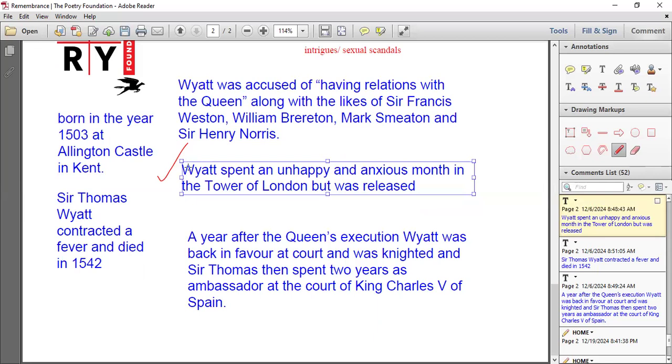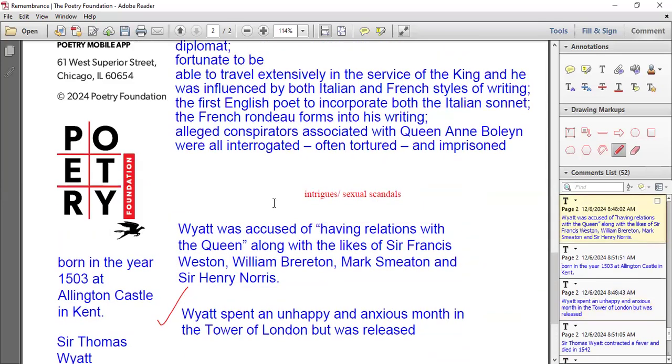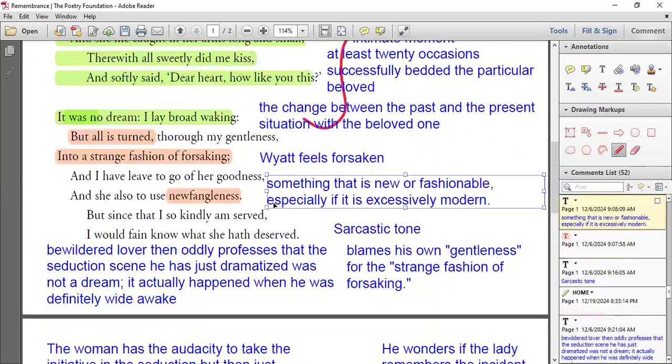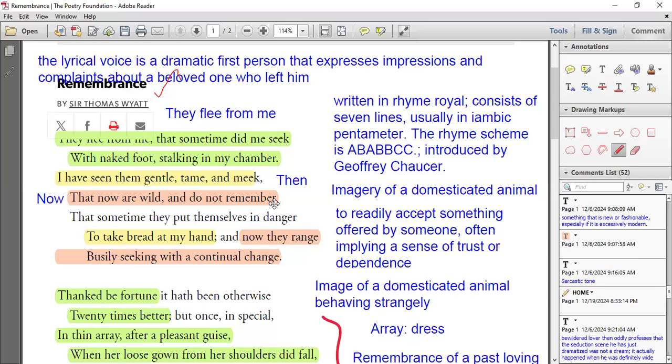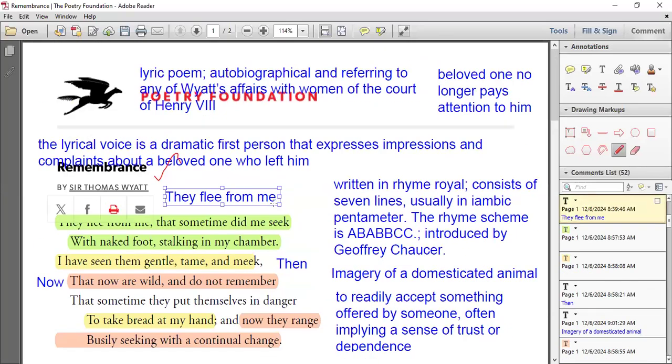And then in the year 1542, he contracted fever and died. So these are the informations that we know about the personal life of Sir Thomas Wyatt. Is this information clear to you, teachers?